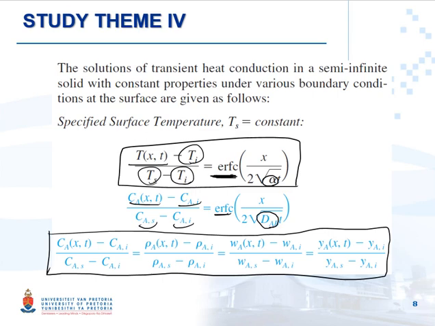But in this case, we knew that it's an initial temperature, surface temperature. What is this CAI? Basically it's the initial concentration of species A at time equal to 0. CAS is the concentration at the inner side of the exposed surface of the medium.